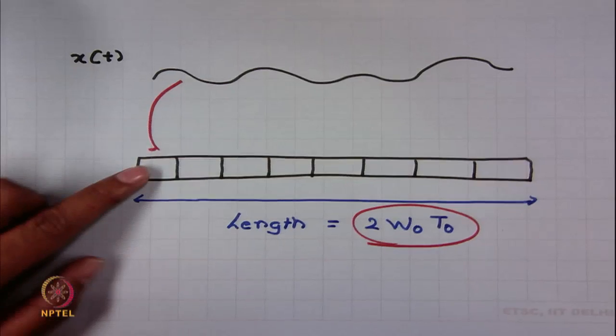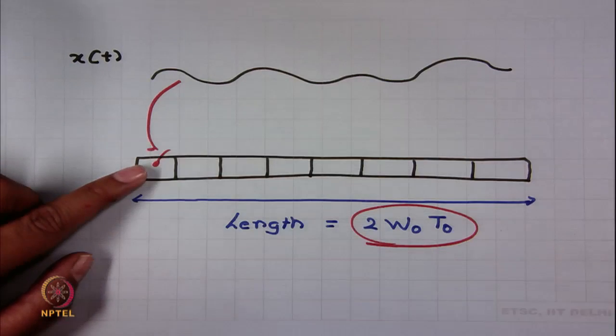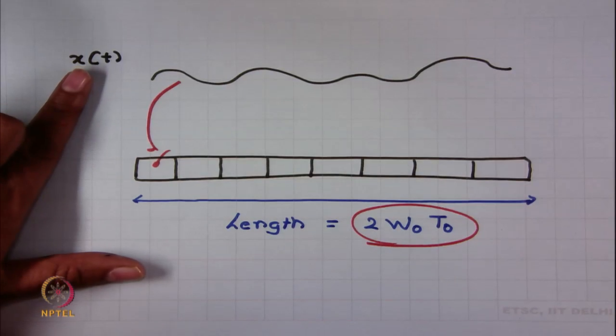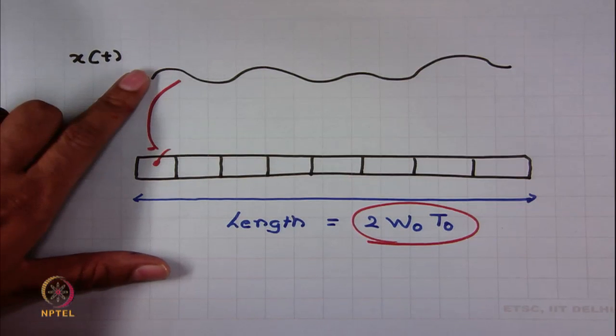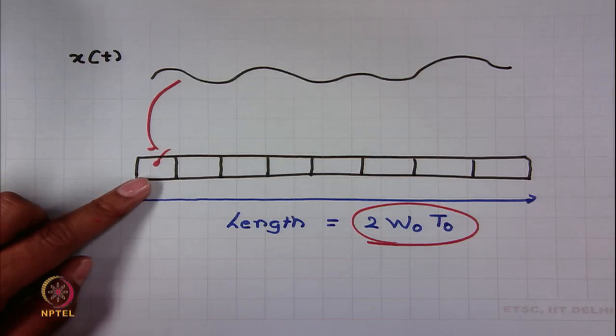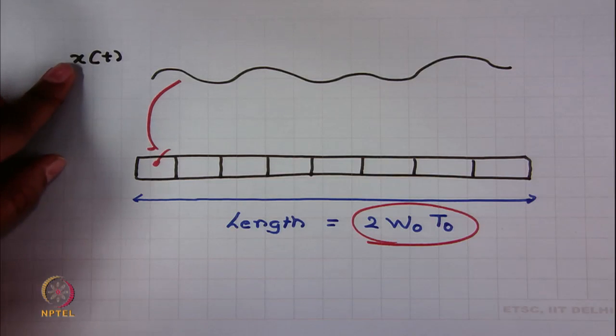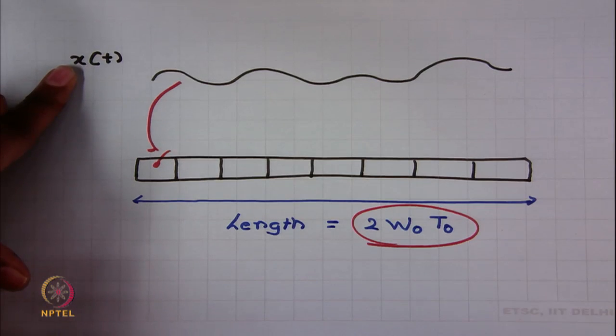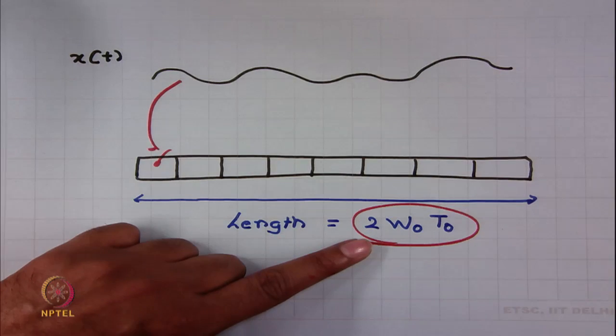And what kind of numbers fill in here depends upon what kind of signal x(t) is. So, if x(t) is a real valued signal, these numbers are real numbers. So, for a real valued signal x(t), which is time limited to a duration of T naught and bandwidth limited to a bandwidth of W naught, the number of real numbers that we require is 2W naught T naught.